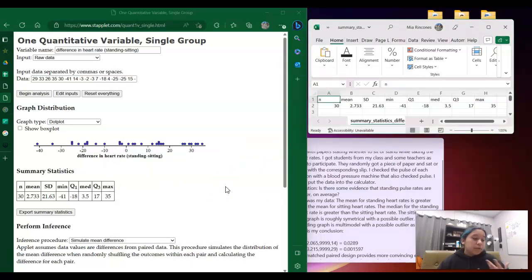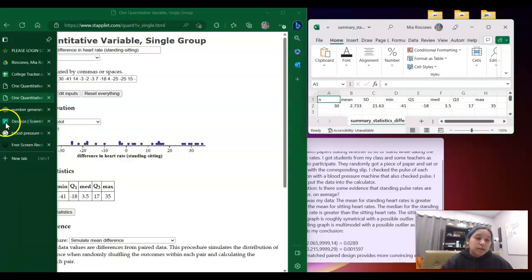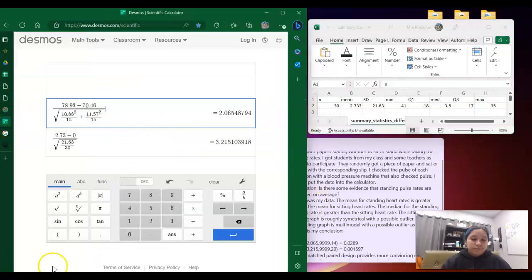And for that as well, we would do the test statistic. So it would be statistic minus parameter over the standard deviation over the square root of n. So when we put that into the calculator, our equation, we would see that we would use our mean.